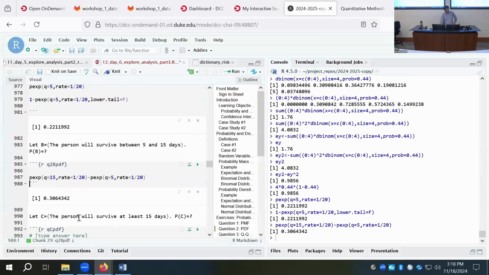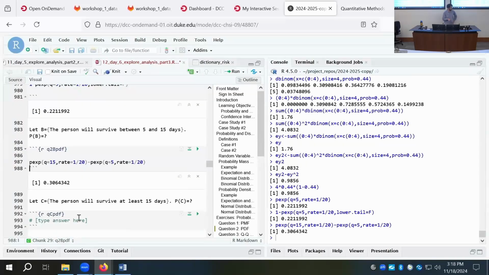All right. So they survive at least 15 days. We can do this 2 ways. We can do 1 minus the probability that they survive less than 15 days, or we can use that lower tail equals false option. We go p(exp), q equals 15, rate equals 1 over 20.